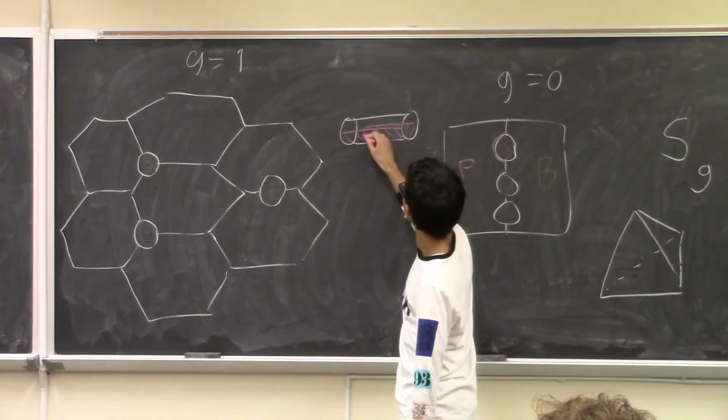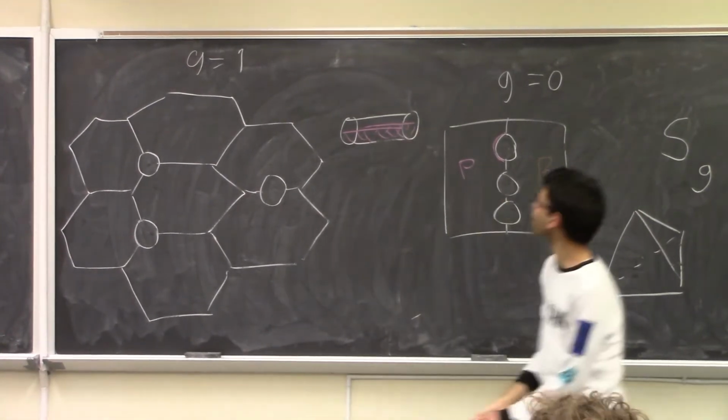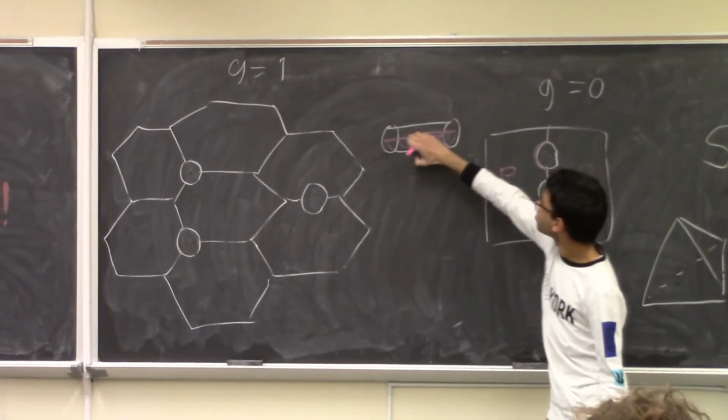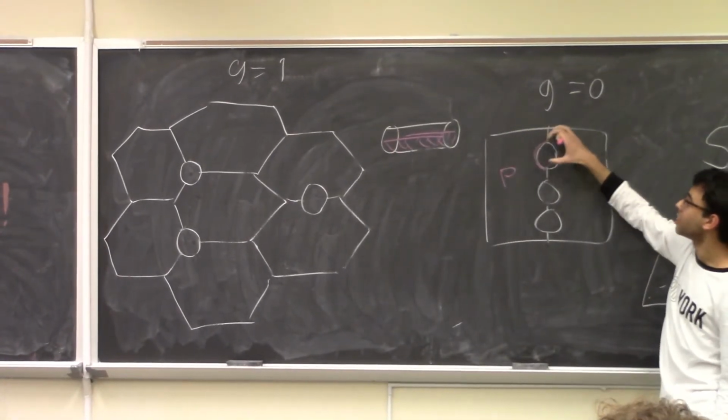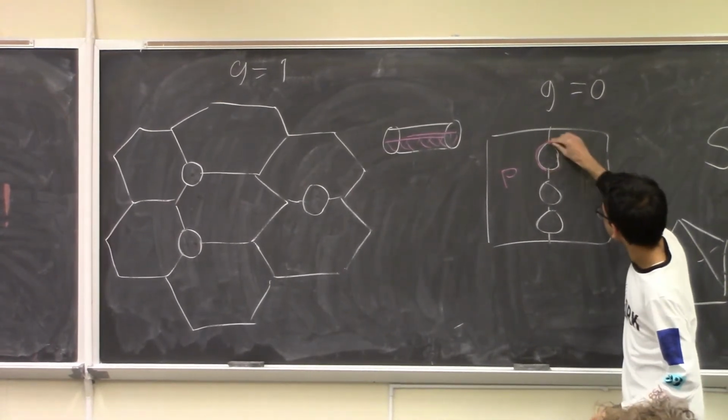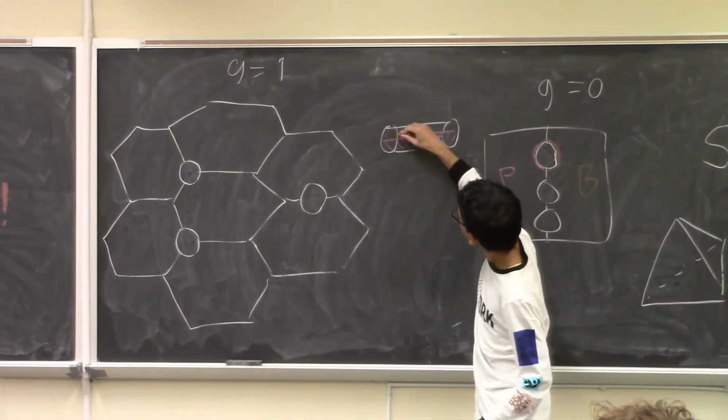All right, you have to imagine this. Okay, so half of the cylinder, let's say the lower half of the cylinder is going to be pink, and it's going to come and attach here. And then the other half is going to be brown, and it's going to be on the top.